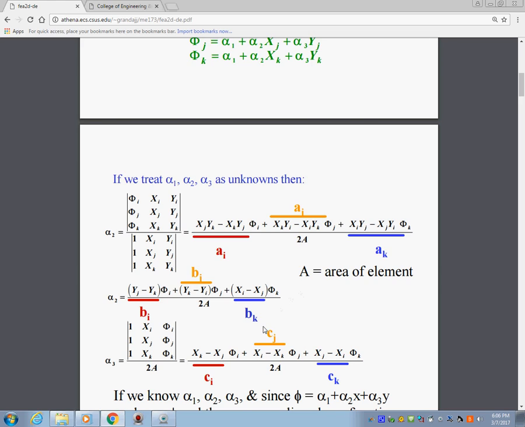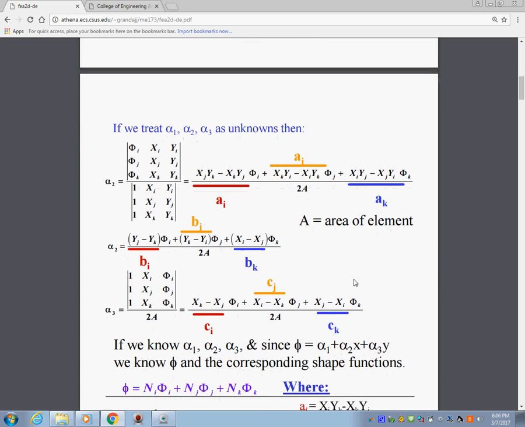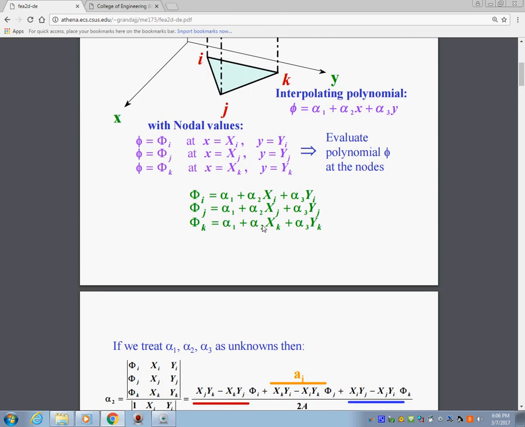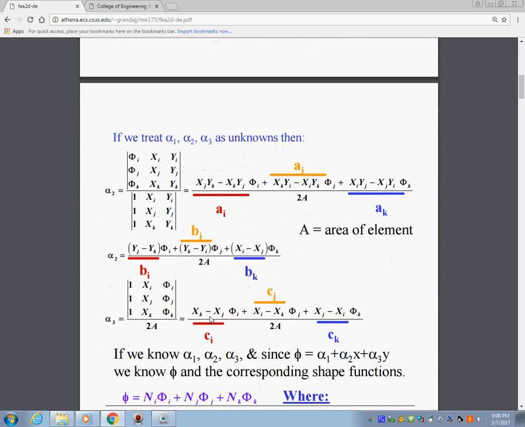Okay? So these are for the first one, phi sub i, phi sub j, and phi sub k. For the second one, if you obtain this for the second value, alpha 2, then you have the matrices a little different, yeah?